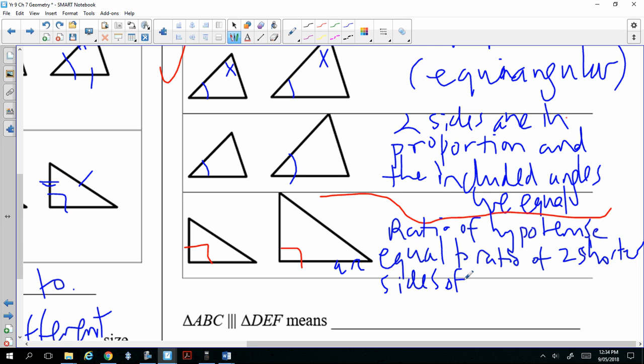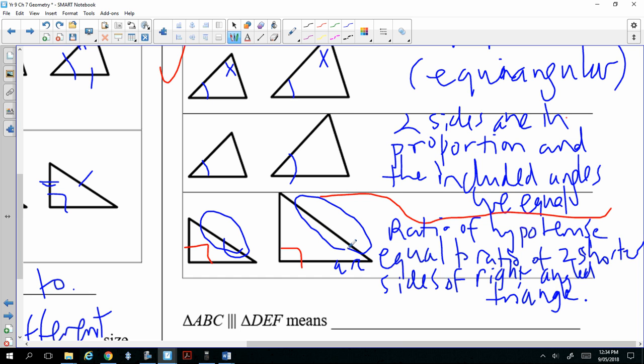So the ratio of the hypotenuse is the same as the ratio of the two shorter sides. They both have to be right angle, and the hypotenuse has to be involved to use this test. Therefore, we can say this means similar to.